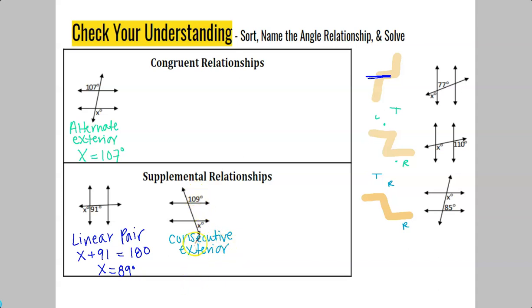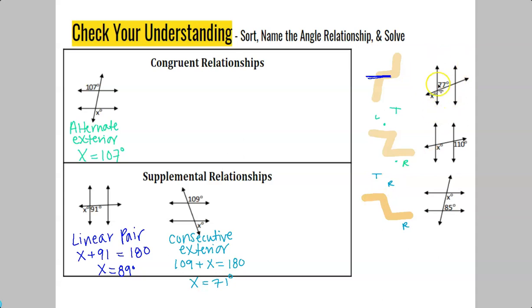And again, we would know that these two angles are supplementary, so they add up to 180. So 109 plus x is equal to 180. Subtract 109 from both sides, so 180 minus 109, and that's equal to 71. So x is 71 degrees.